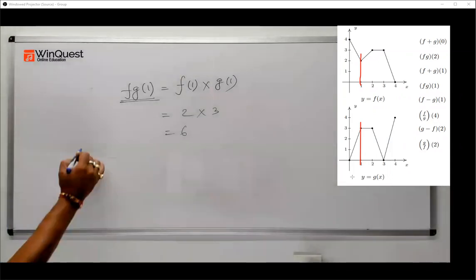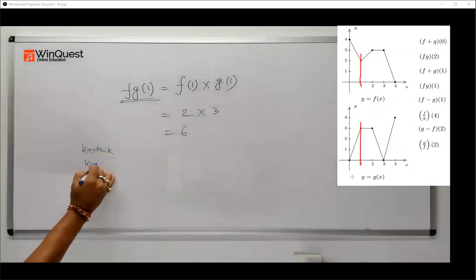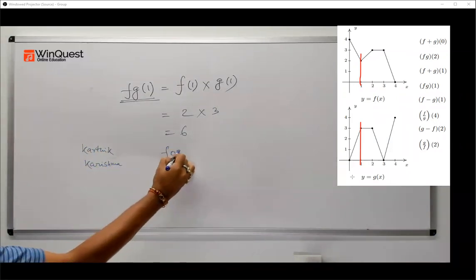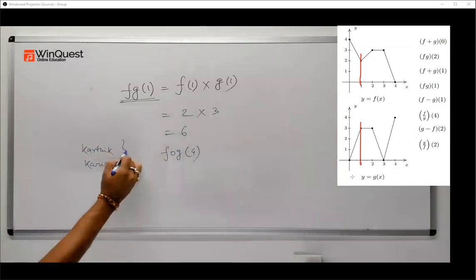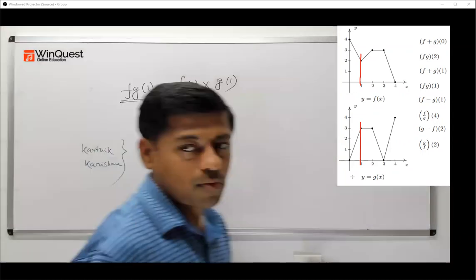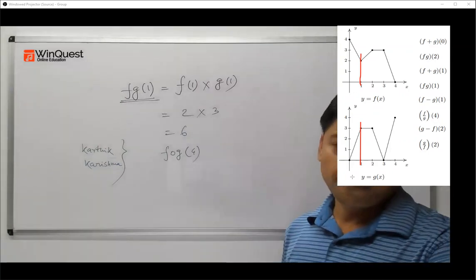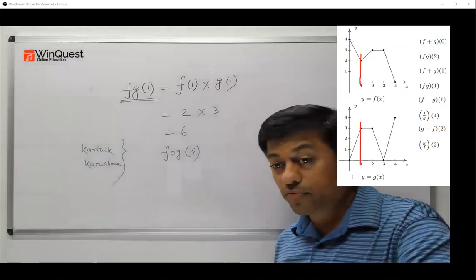Next problem to be answered by Karthik and Karishma. f of g of 4. Only these two folks should be speaking. You want me to say it? I would wait for Karishma.